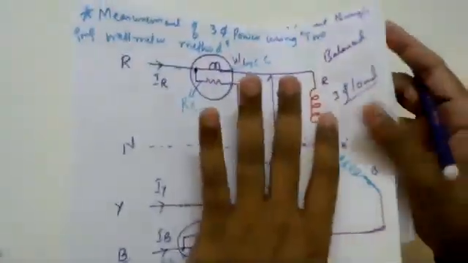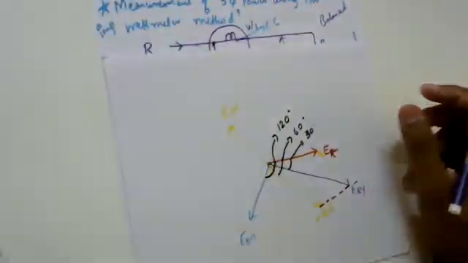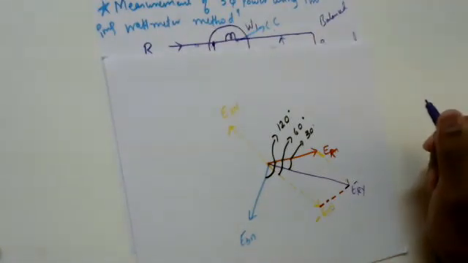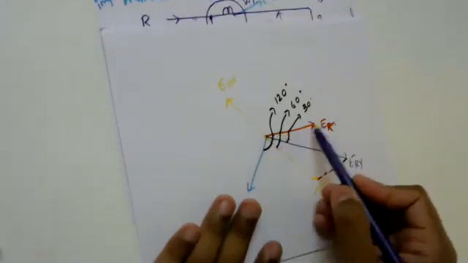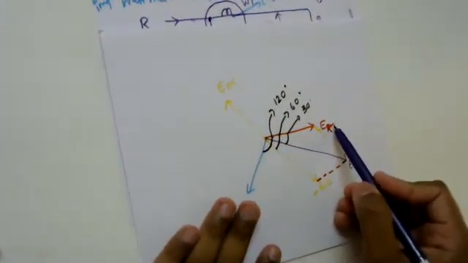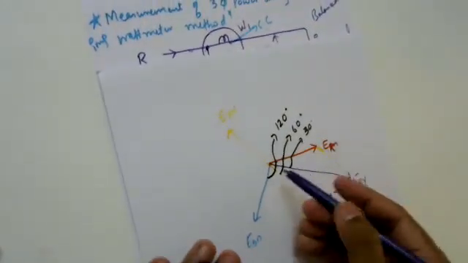Since it is an inductive load, what do you need to remember? Current will lag the voltage, right? So now this is your voltage of R phase with respect to neutral. Then how will you show your IR vector now?